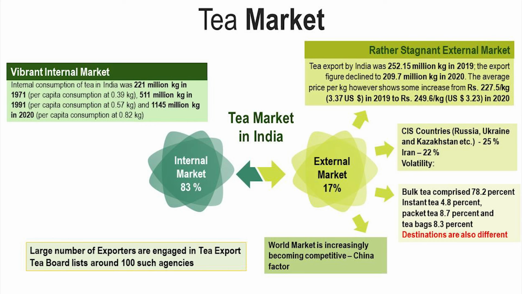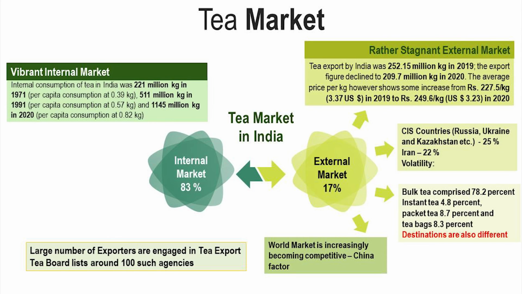So these agencies are important, but most important is actually to understand what are the challenges coming up and how can we address those challenges. One of the best ways to deal with those challenges will be to create a niche market for ourselves, creating some unique selling points for our tea brands, and that is how we can create some impact in the world market.